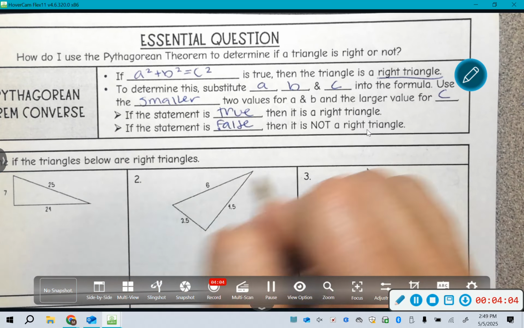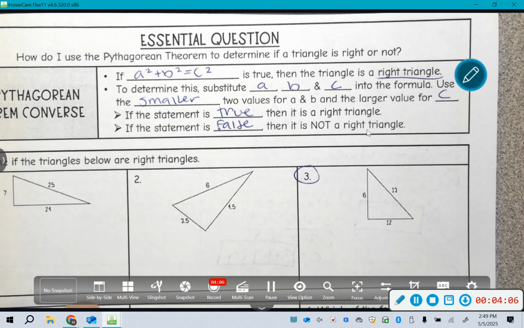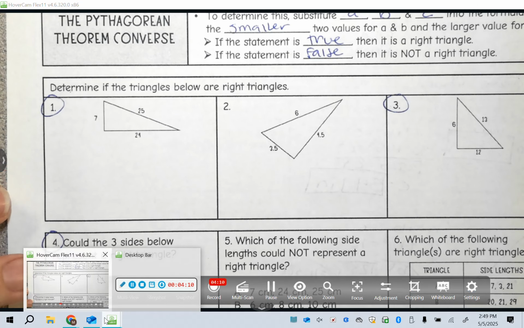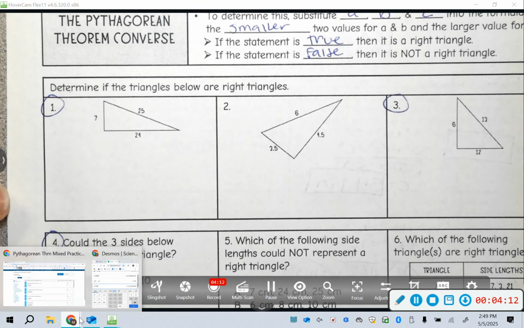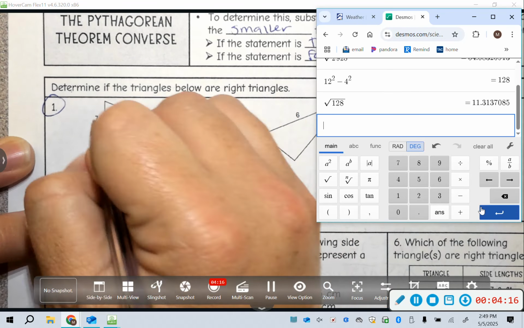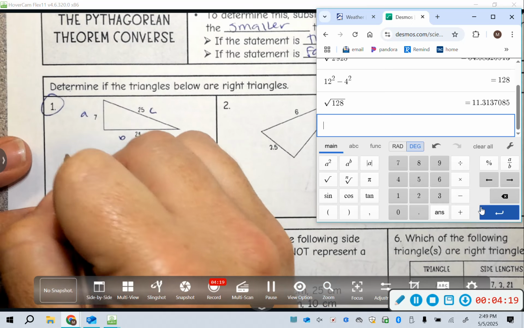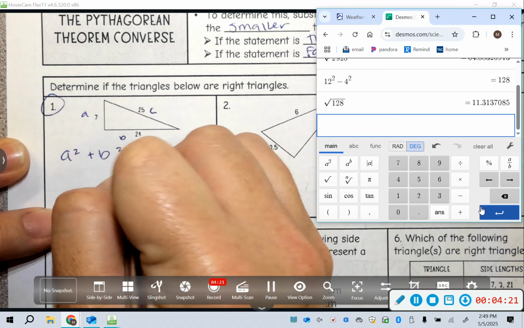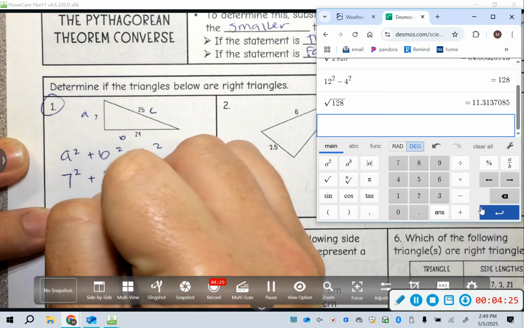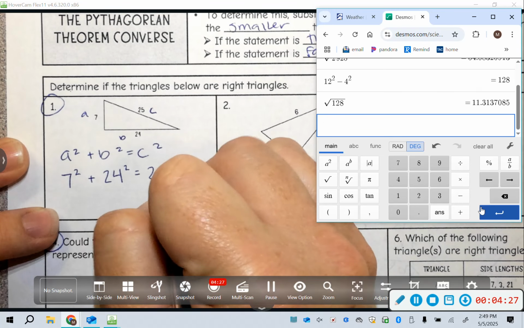So we're going to do number 1, number 3, and number 4. Looking at number 1, the biggest thing to remember here is that our longest side is C. So this is C, A, B. So we're going to plug it in. A is 7, plus B is 24, equals C squared.